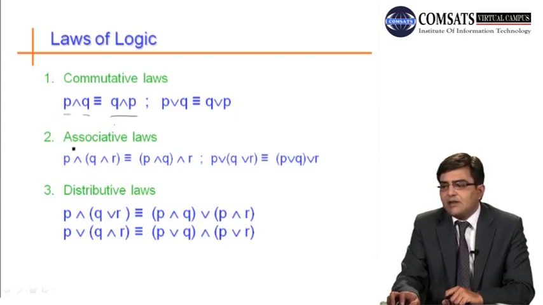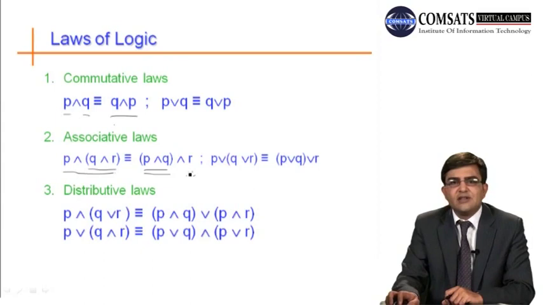The next law is the associative law. This law states that if we have P and (Q and R), with brackets here, this compound proposition is logically equivalent to (P and Q) and R. Here we can see that the associative law states that we can interchange the brackets. This law is called the associative law for conjunction.